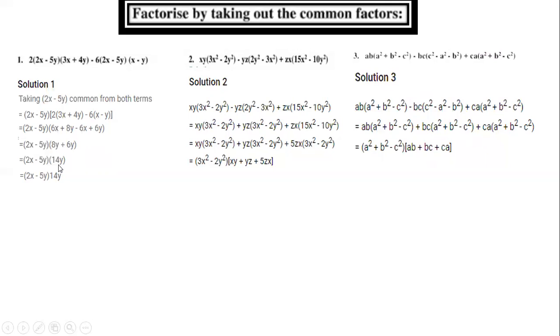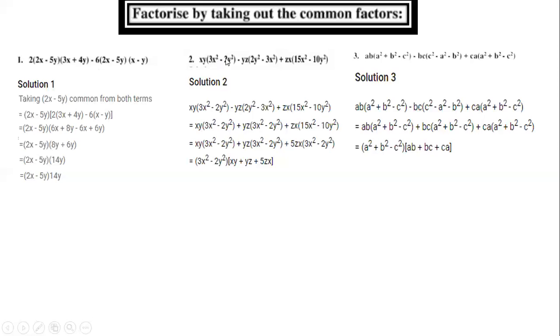Now it's up to you. If you again want to take 2 common, then it would be 2 into 7y into 2x minus 5y, and 2 into 7 is 14y. This is the reason why we haven't taken that 2 as a common factor with this 2x minus 5y.